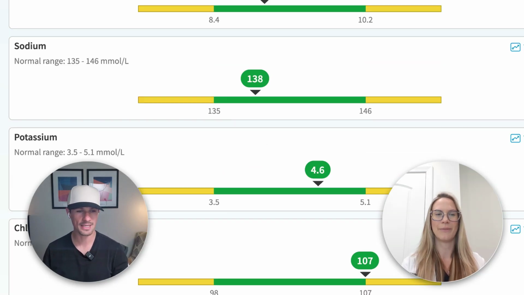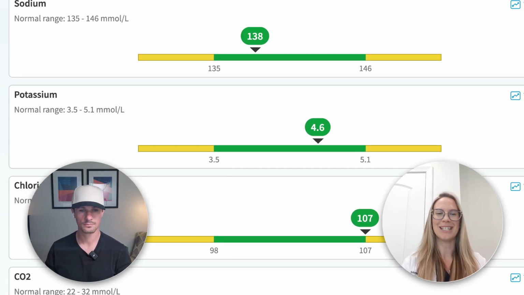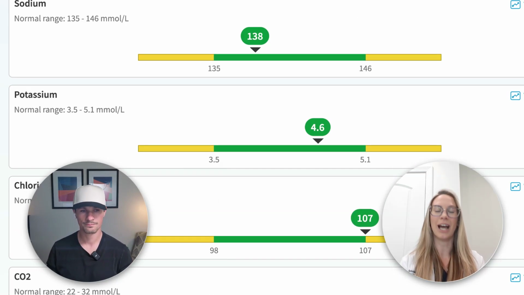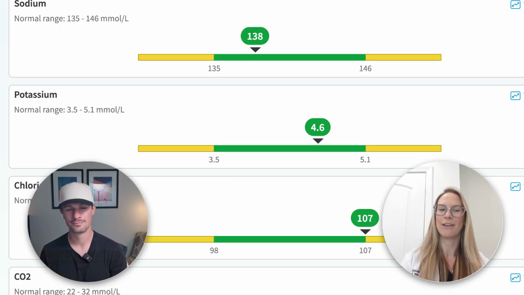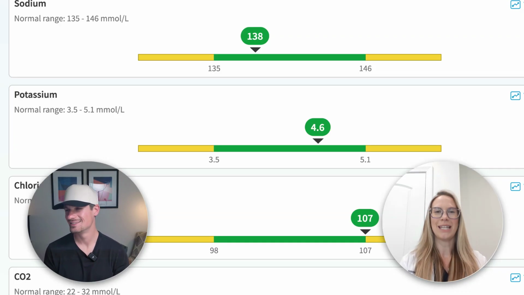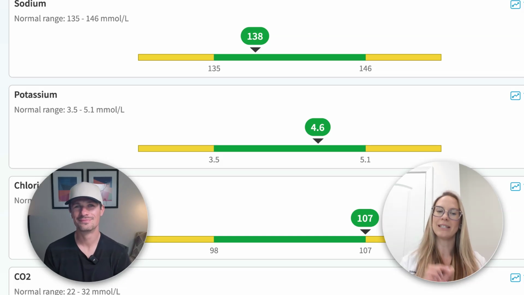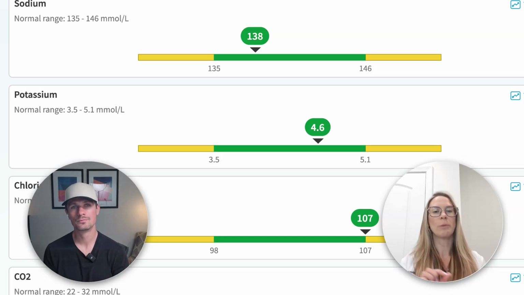Okay, great. Cool. Let's move to potassium. All right, potassium. This is something every cardiologist loves and every nephrologist probably doesn't. The reason I say that is, if your potassium's too low or too high, it can be very dangerous to your heart rhythm.